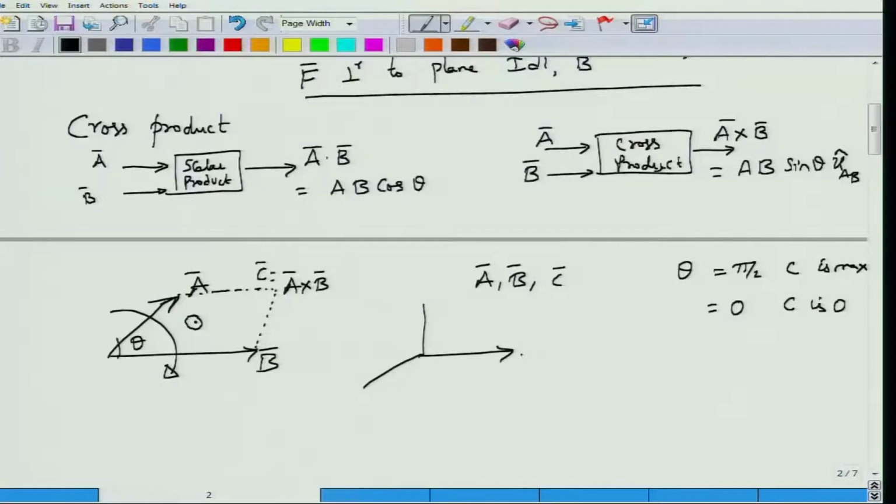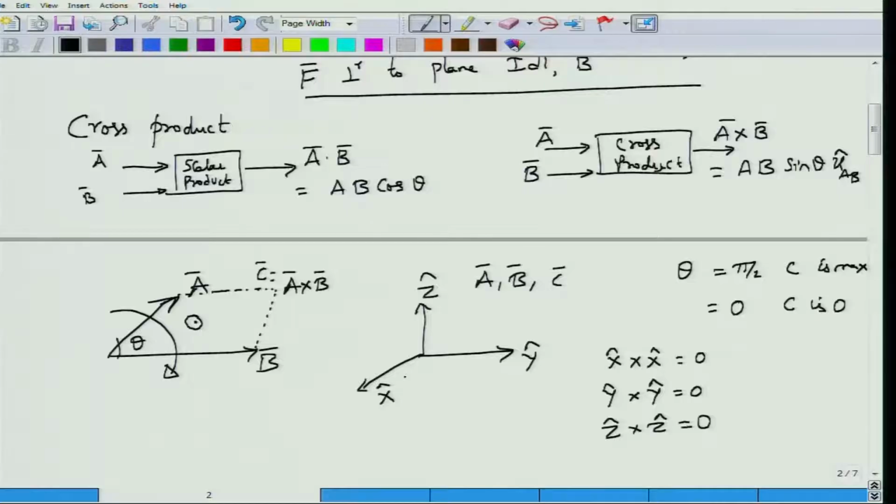So, if you go back to this Cartesian coordinate system, we have defined 3 unit vectors along the directions x, y and z. You can see that if you try to find the cross product of the unit vector x with itself, that would be equal to 0, cross product of y with itself will be 0, cross product of z with z itself is equal to 0.